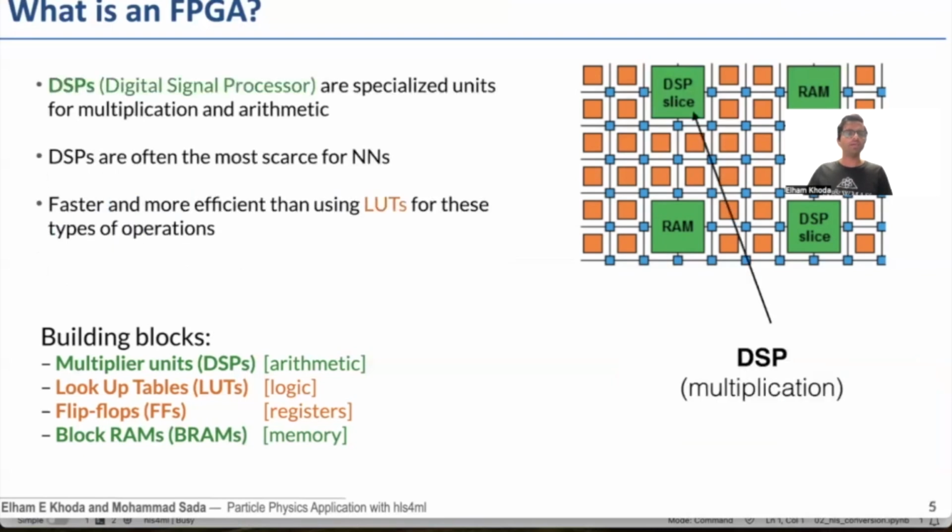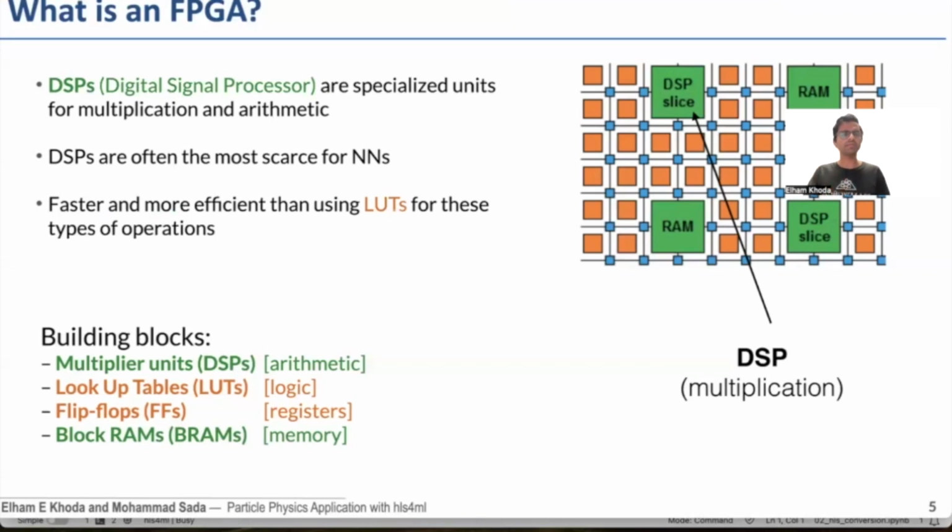So very quickly, I will highlight some of these building blocks that will also come up in our discussion as we go. So the DSPs, the digital signal processors, are the specialized units for multiplication and arithmetic. And those are the ones we're going to talk a lot about and highlight when we take our example from physics, which will be training a machine learning model and then implementing that model on an FPGA so that we can execute it very fast.